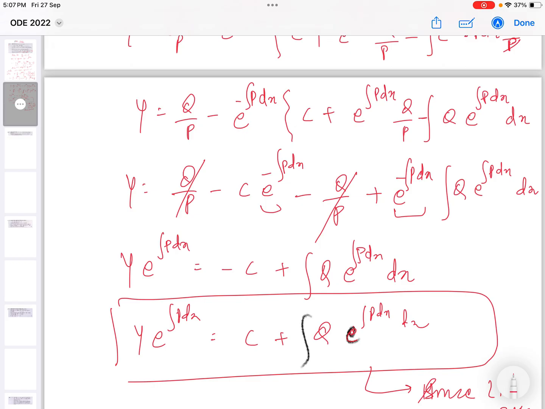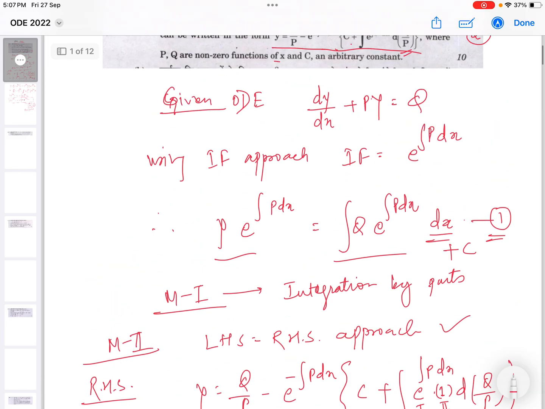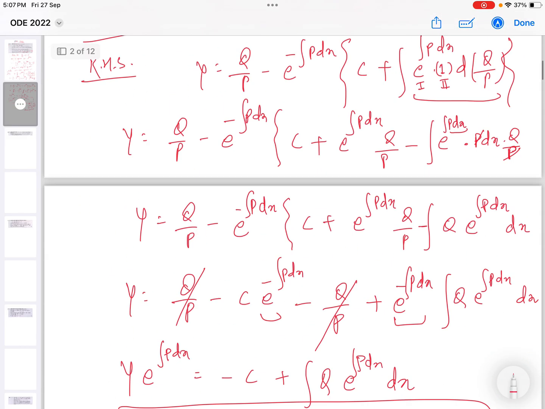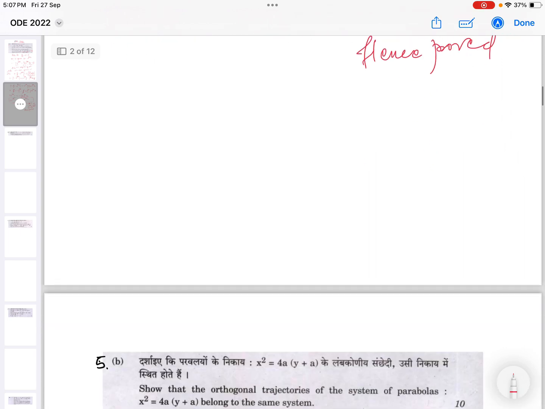It was easier to solve this way rather than doing partial fractions in the very first place. I hope it was clear to you.